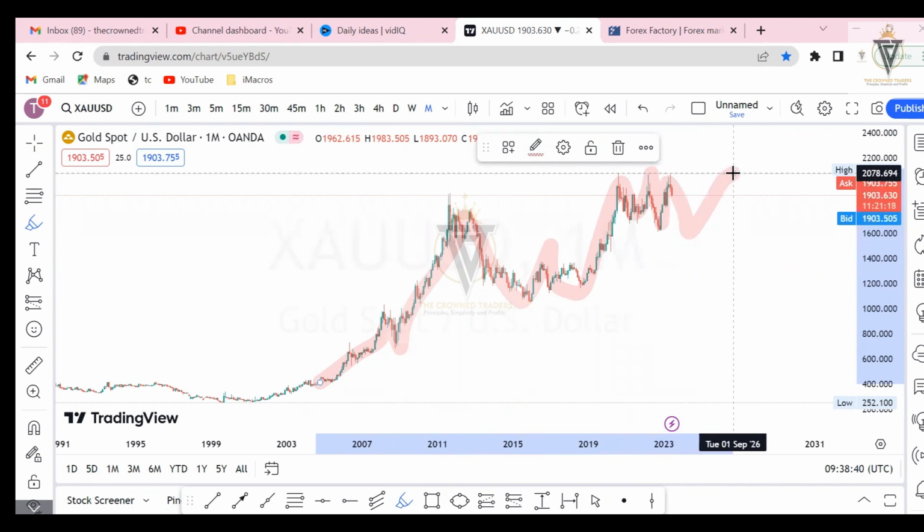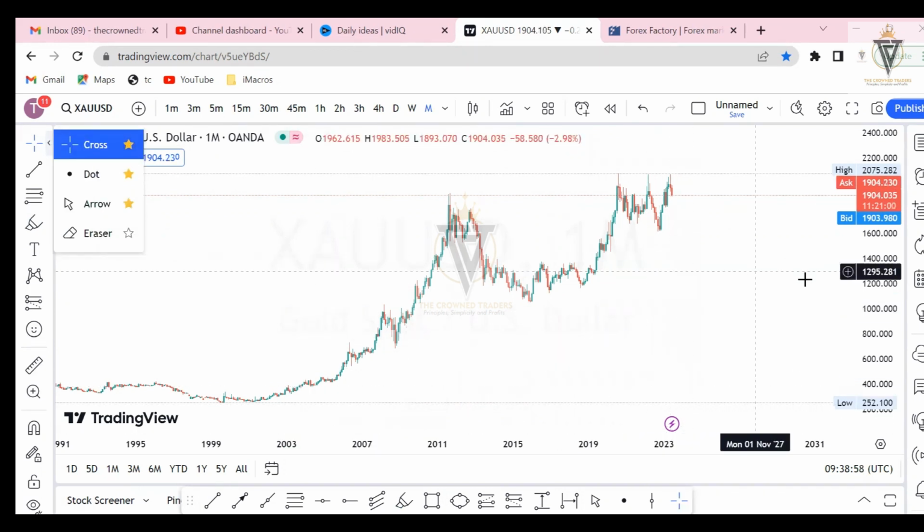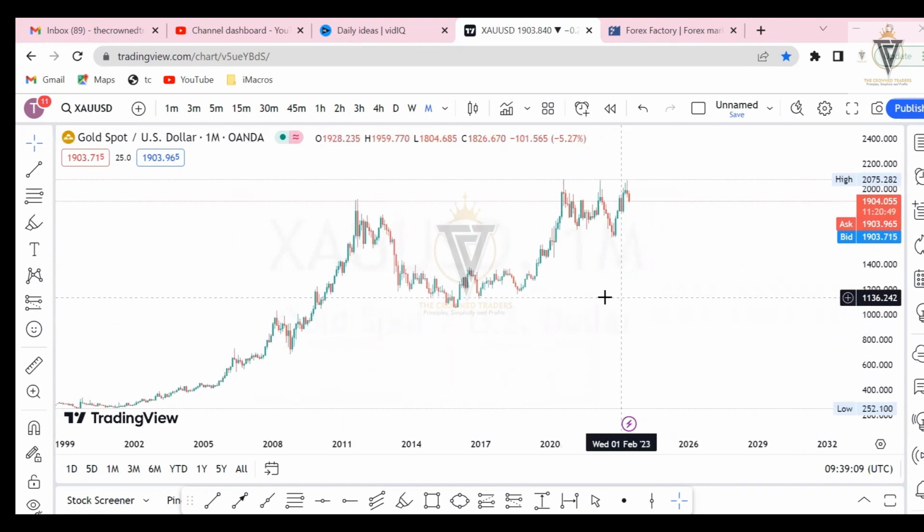So we consider it an asset that is always bullish. Gold and your US30 are always bullish, but temporarily gold can be bearish.